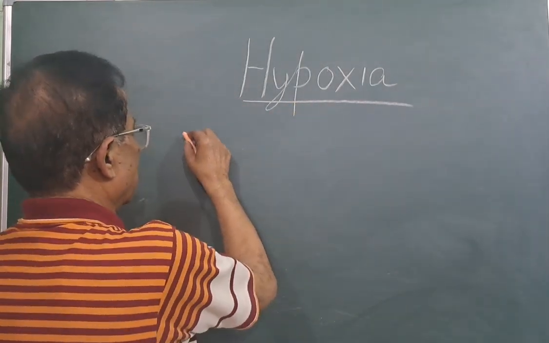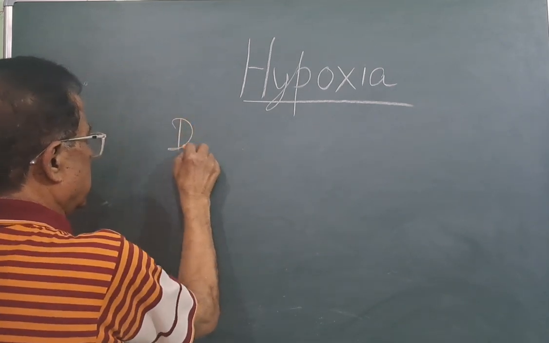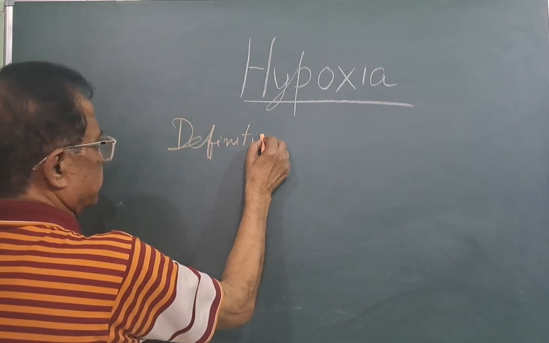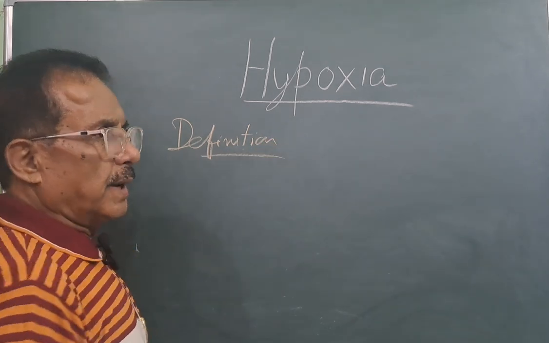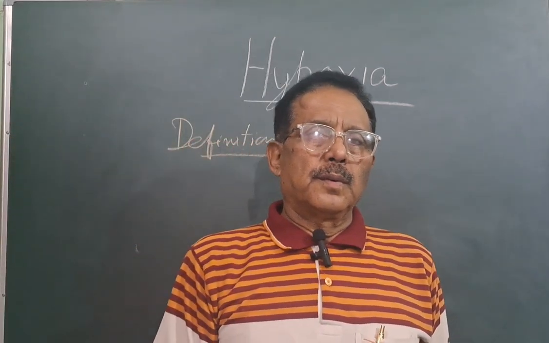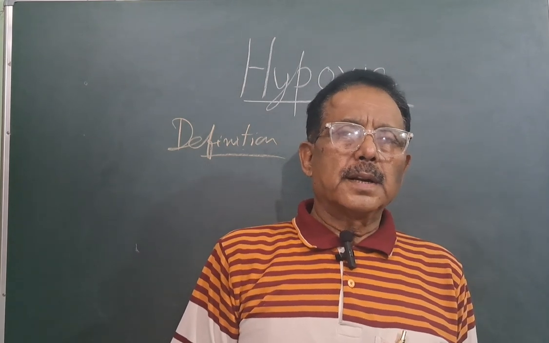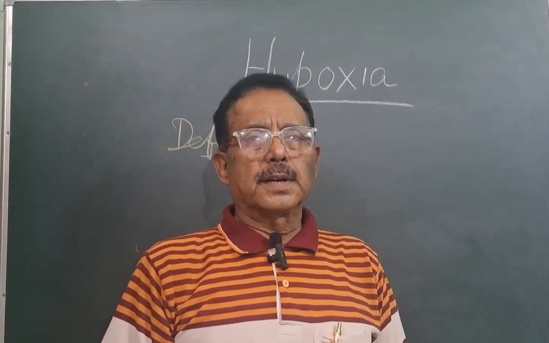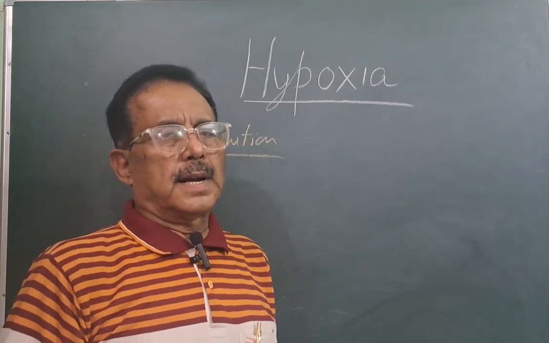What is hypoxia? Definition. When body tissues receive less or a reduced amount of oxygen, the condition is known as hypoxia.